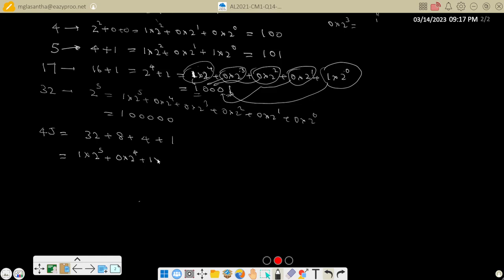Then 1 into 2 to the power of 3, plus 1 into 2 to the power of 2, plus 0 into 2 to the power of 1, plus 1 into 2 to the power of 0. So this equals 1, 0, 1, 1, 0, 1. So this is 45.